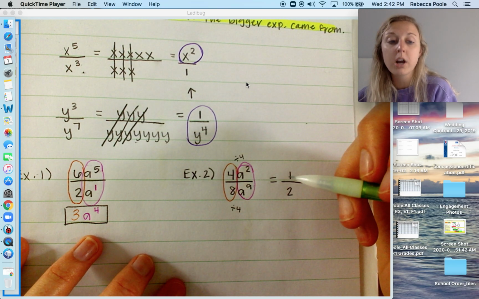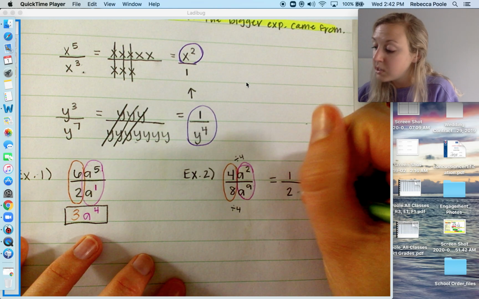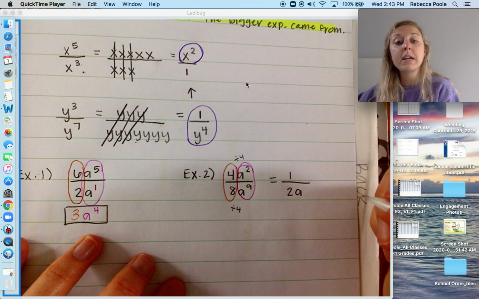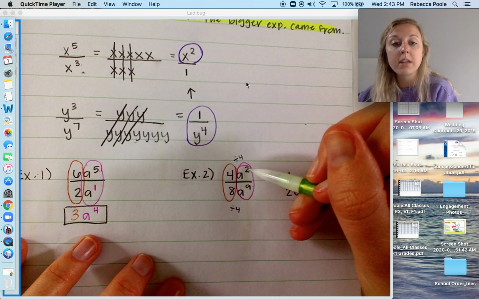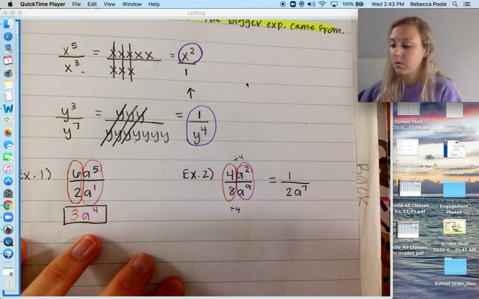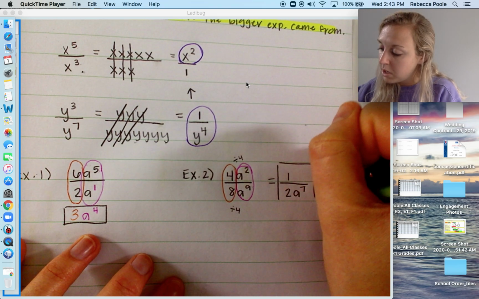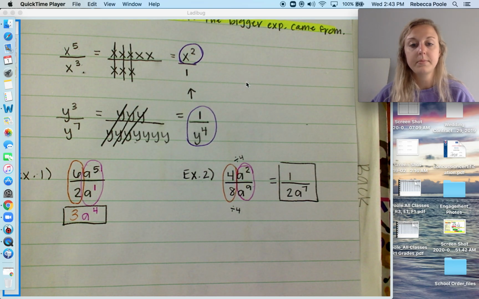Which one is bigger? 9, which means the rest of my A's, the ones that don't cancel, are going to be in the denominator, in the bottom. So now, what does 9 take away the 2 that go away? 7. Okay, so my answer for this one is just 1 over 2a to the 7th.